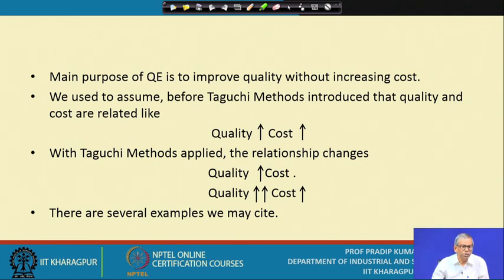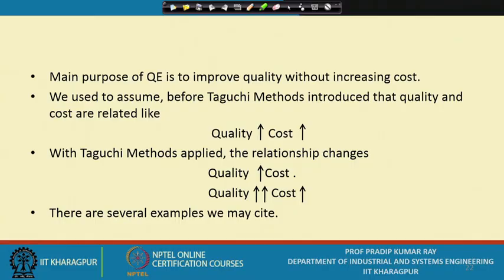Before Taguchi introduced his concept for designing a product, for manufacturing a product, we used to assume that if you want to increase the quality of the product, obviously the cost also will increase. So we used to assume before Taguchi methods were introduced that quality and cost are related, like if the quality increases, cost also increases.